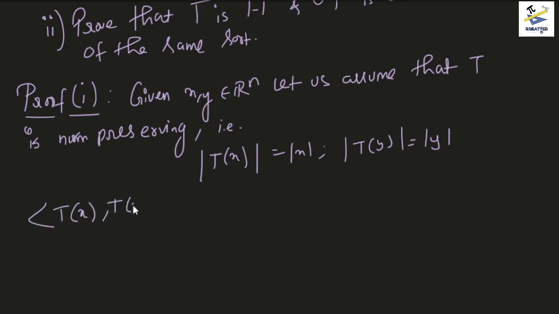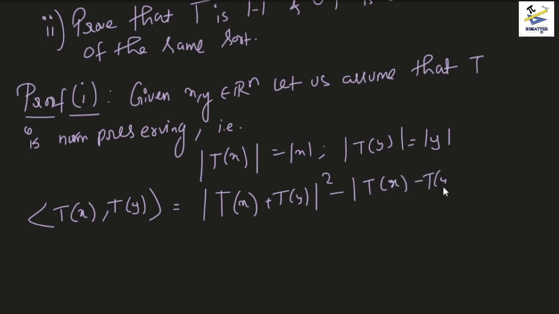Therefore, the inner product of T of x and T of y. Now we know how inner products work, right? It is basically given by the polarization identity as follows: norm of T of x plus T of y whole squared minus norm of T of x minus T of y whole squared, divided by 4.